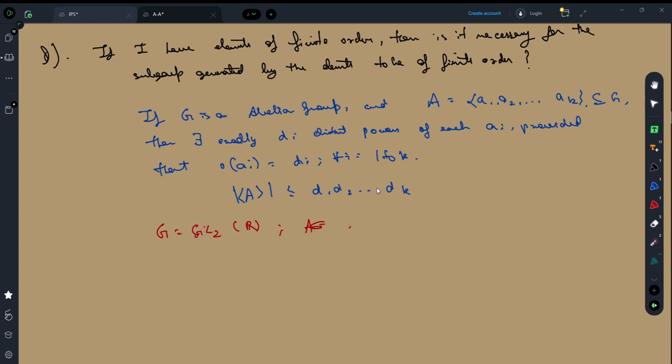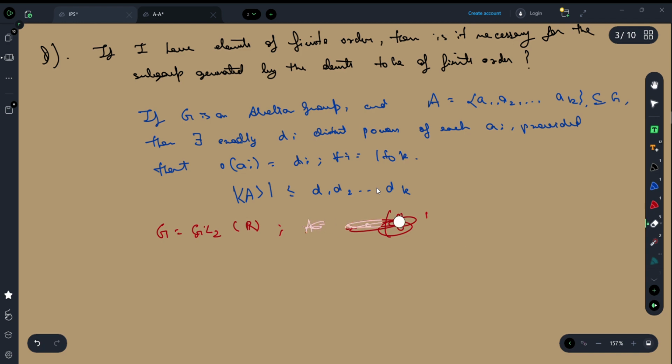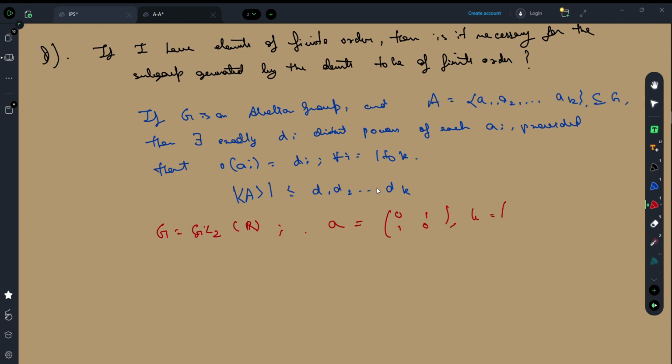Consider G to be the general linear group of real matrices of dimension 2. Consider two elements, okay, let me use small a. We need to choose matrices. Small a is equal to [0, 1; 1, 0], and b is equal to [0, 2; 1/2, 0].